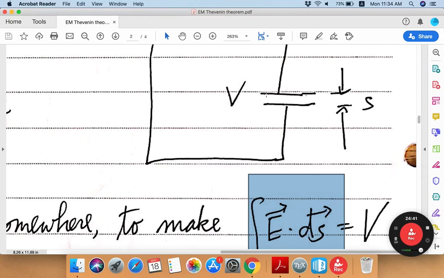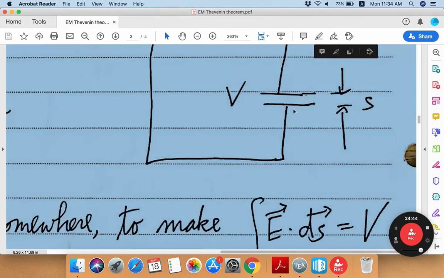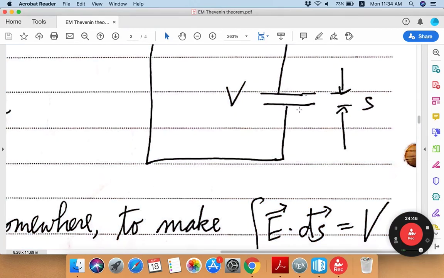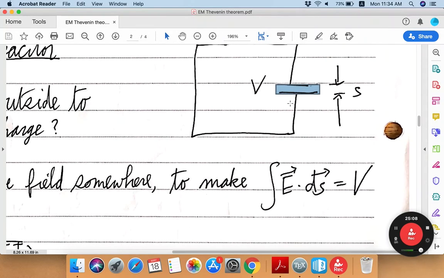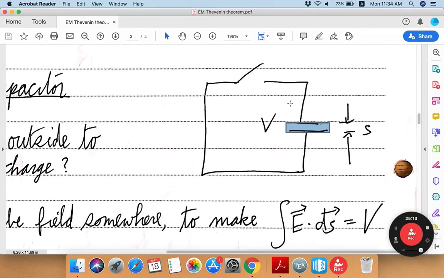If the area of this capacitor plate were infinite rather than finite, as in real life, then it's true that the electric field is entirely trapped in this little space between the plates. However, in real life, there's no way that you can create such an infinite size capacitor. So the finiteness of the capacitor must come into play somewhere, somehow.